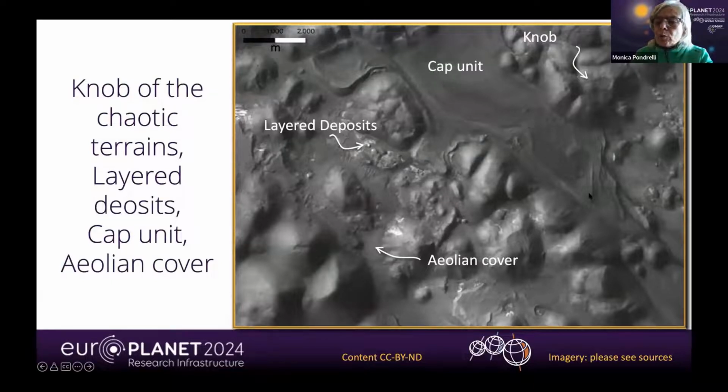In the cap unit, you can also see some bedding of the layer deposits here, also here, and you have also some Aeolian bedforms here that you can see here, or also in this position.